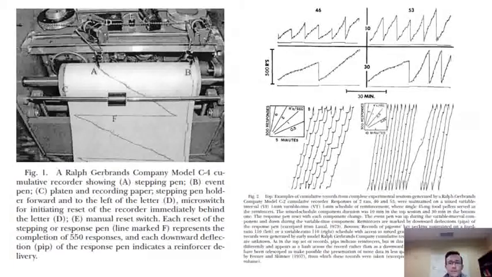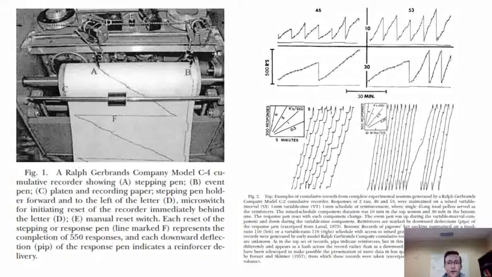All right, let's take a look. We have the same picture we saw on the last slide on the left here, and on the right are some samples of cumulative records. Again, these are borrowed from Lattal 2004. The cumulative recorder was one of the earliest and most important devices used in the experimental analysis of behavior.